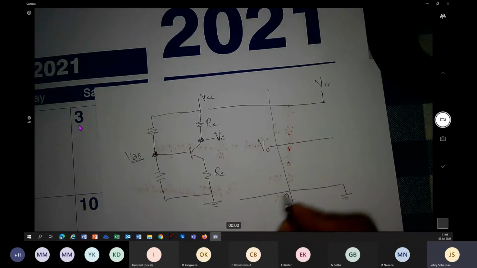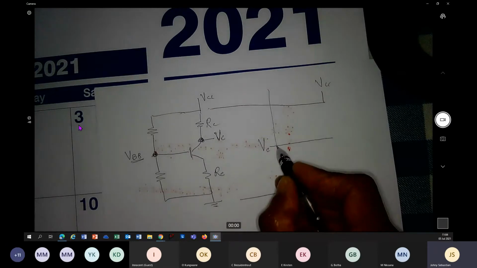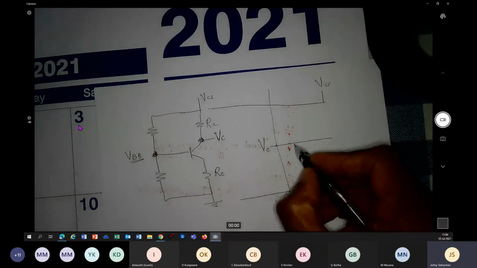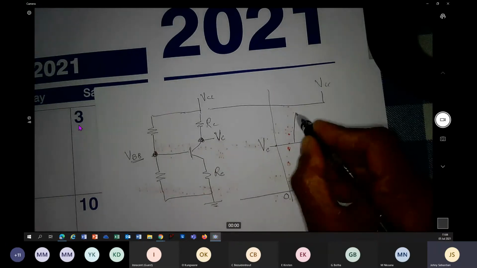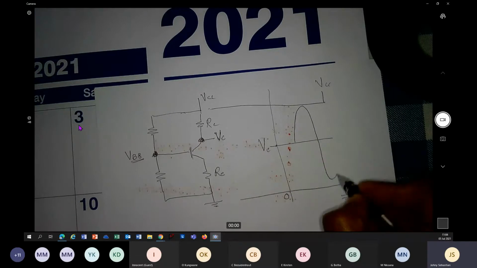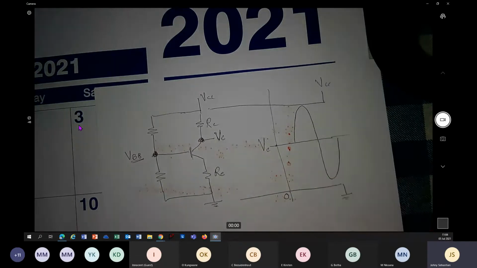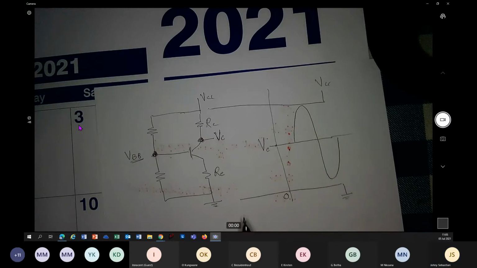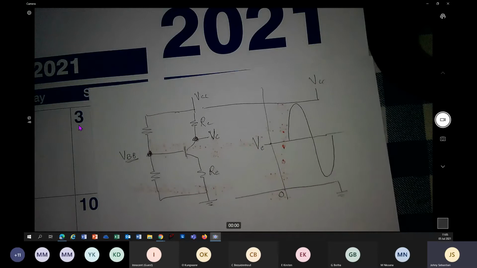You keep the voltage at the collector, VC, exactly in the middle so that you can have all the swing in the positive and an equal amount of swing in the negative direction. That is the maximum signal swing that we are expecting, or mostly that is what we are looking for. We will see where we end up soon.